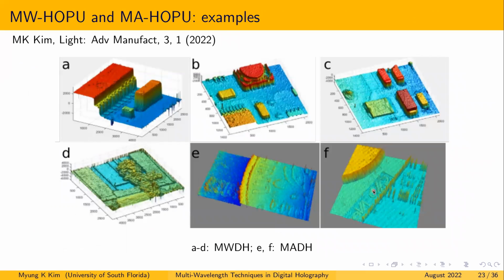Here are several examples of surface profiles acquired using wavelength scanning or angle scanning, hierarchical phase unwrapping, which shows that fairly good quality surface profiles can be obtained using these techniques.